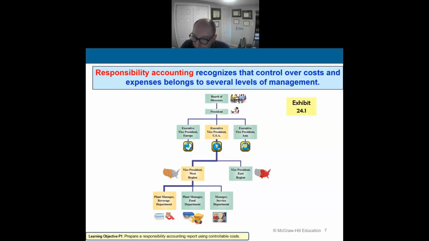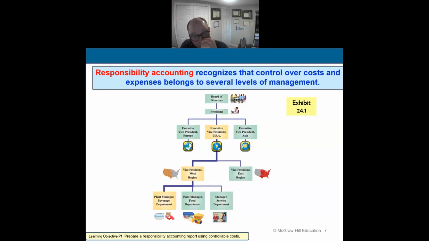We have our individual departments at the bottom. We've got food and beverage, service, etc. All of those are within a hotel. And then it goes from the hotel level to the regional level to the country level to the world level, which is the president and board of directors.